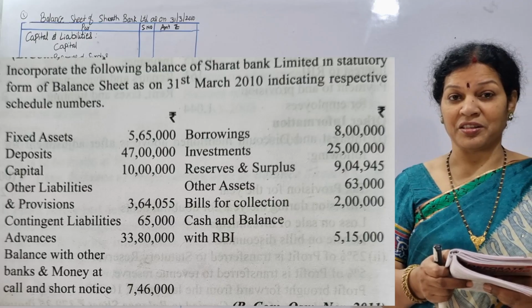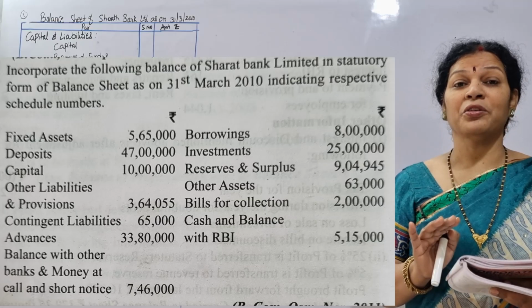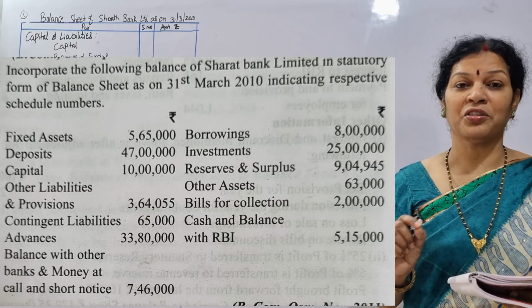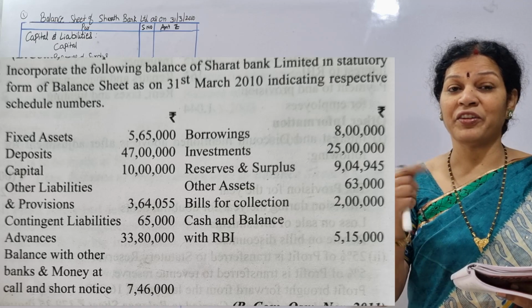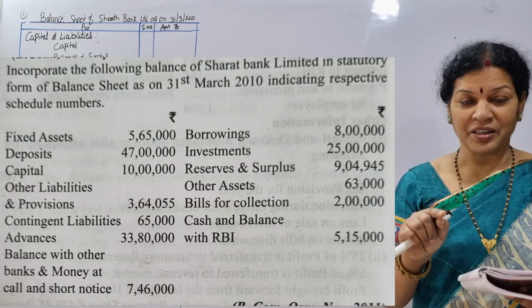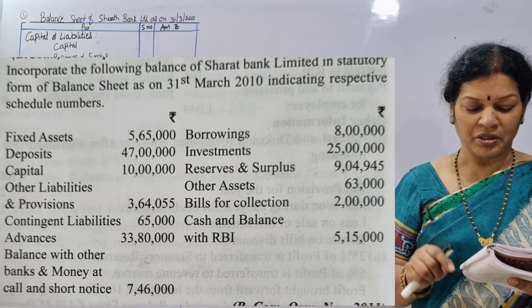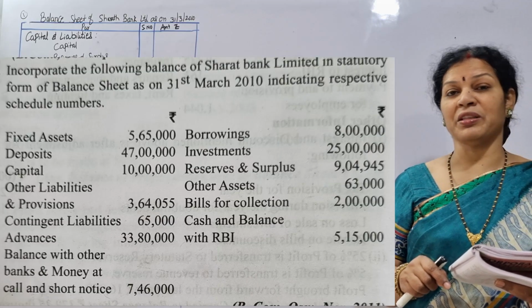Bills for collection. This is also shown out of the assets and liabilities. No schedule at all. Without a schedule number, we will be showing it after the contingent liabilities. Contingent liabilities are the 12th schedule. Under that we will be showing bills for collection. Simply no schedule. Next, cash and balance with RBI.